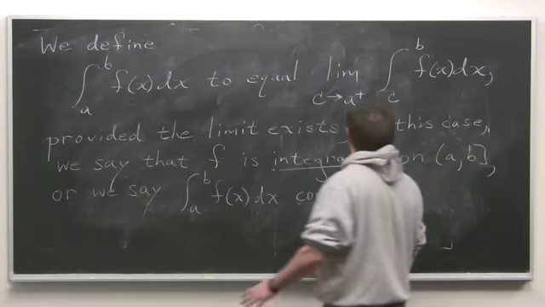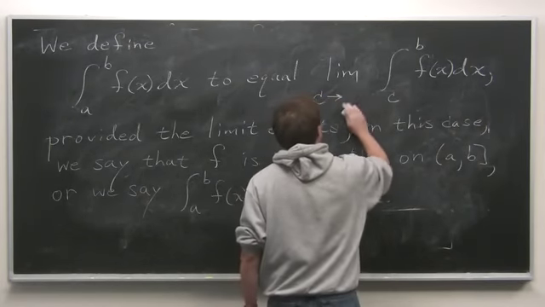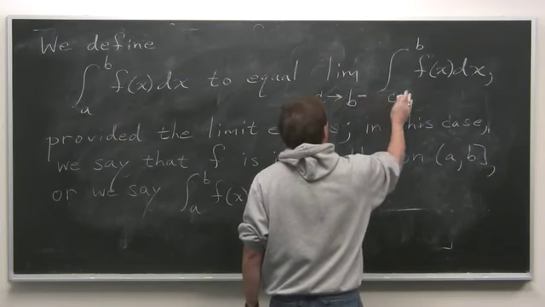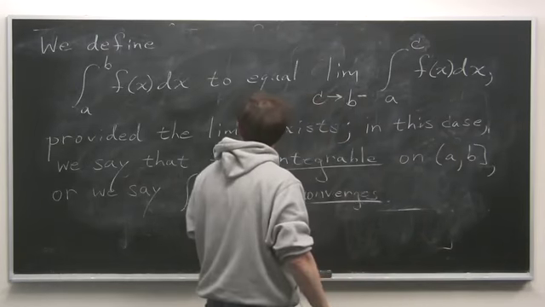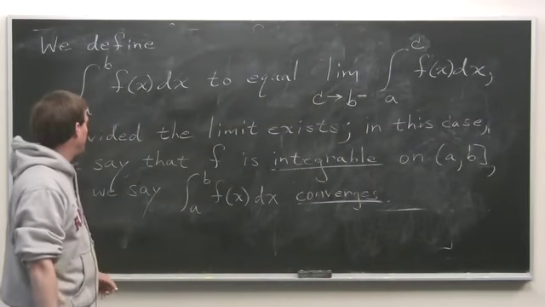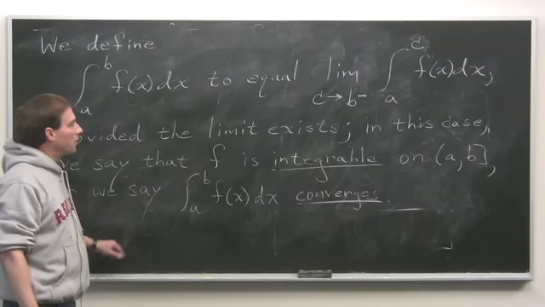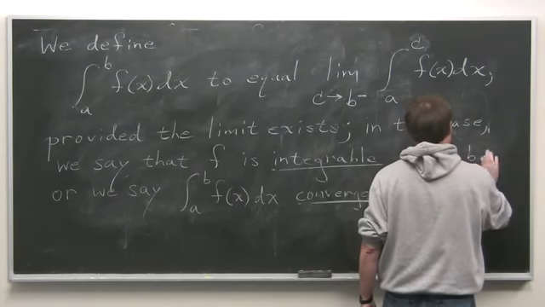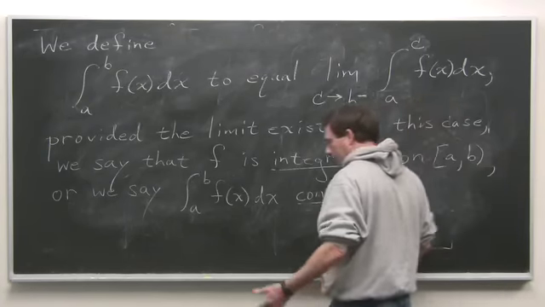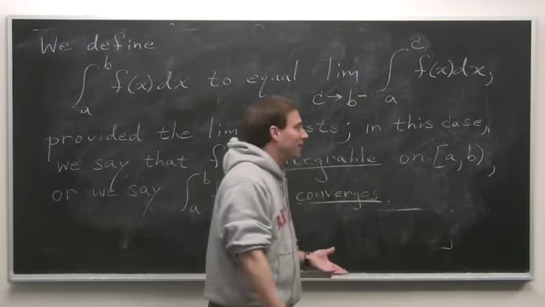Then we set this equal to the limit as c approaches b from the left of the integral from a to c, provided the limit exists. Okay, so this is what you do.